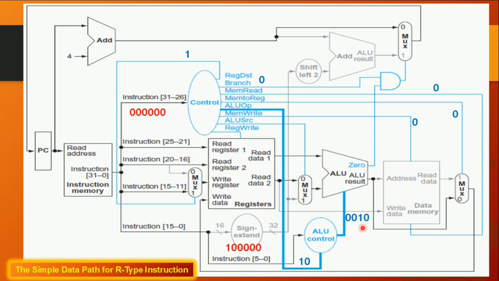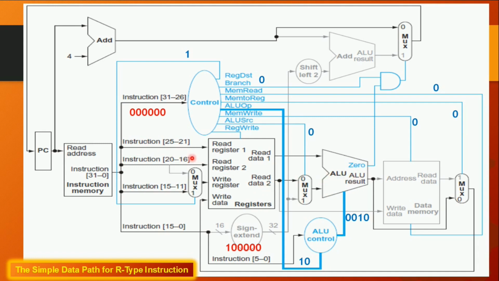We have seen the reference table already. Now the ALU knows what operation to perform: an addition of two operands. Operands will be chosen based on the register number. The second source of the ALU is also from a register, since it is R-type, so the ALUSrc signal is deasserted to select the second source of the ALU from the register.